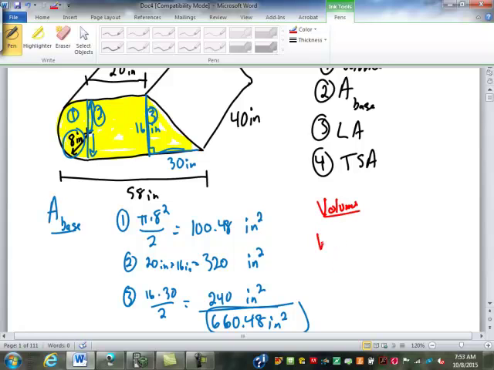My volume then is just the area of that base, 660.48 square inches, times my distance between bases of 40 inches.